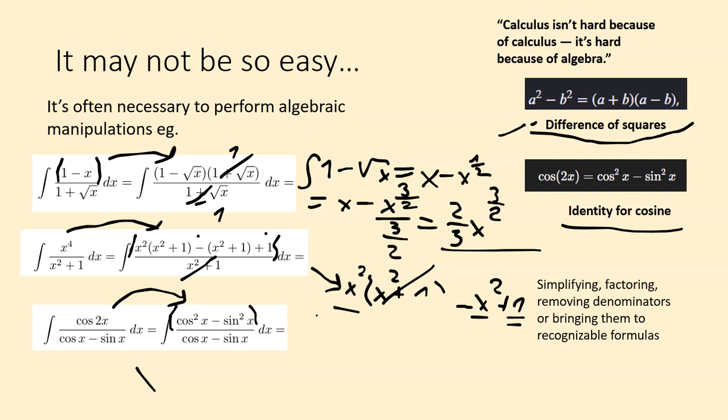We will have something like cosine x minus sine x in brackets, and here will be cosine x plus sine x.